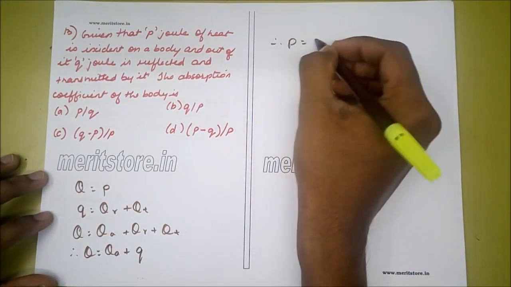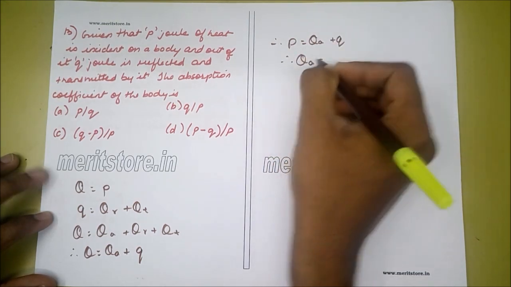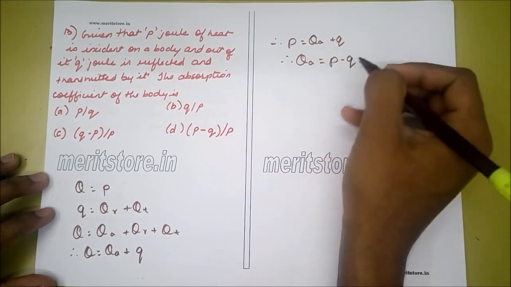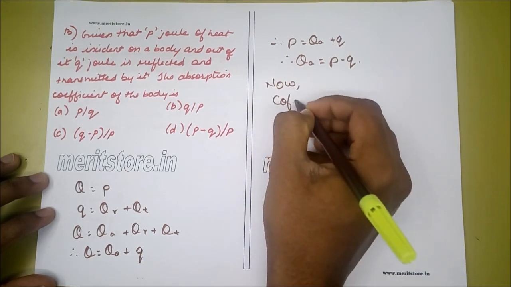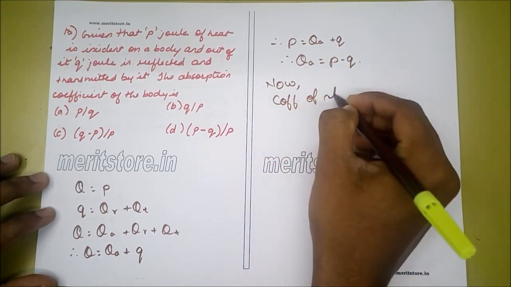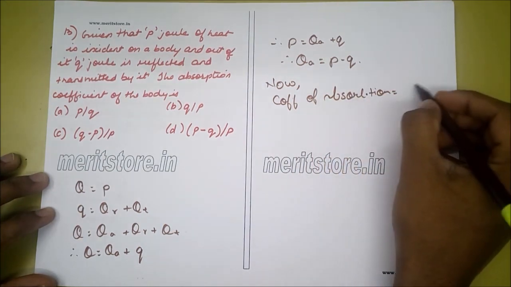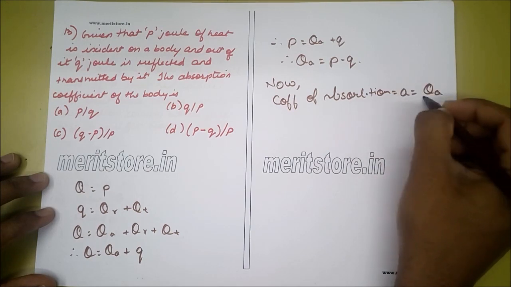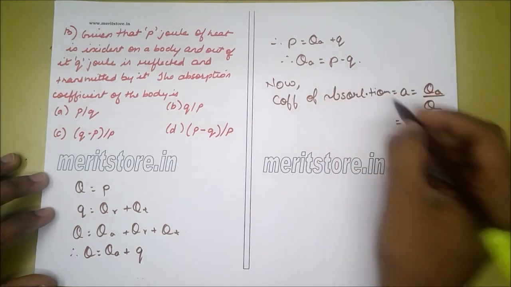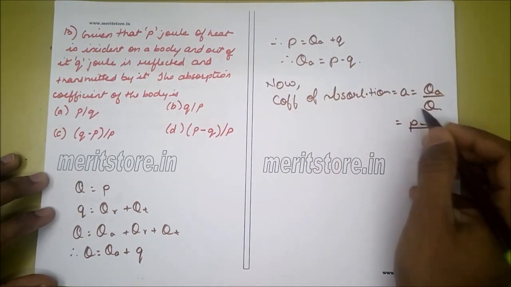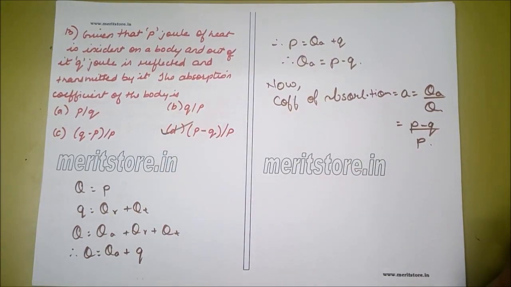So therefore P is equal to QA plus small q, and therefore QA, or amount of heat absorbed, is equal to P minus Q. Now the coefficient of absorption, A, is QA upon total incident heat. So QA can be written as P minus Q, and total incident heat is P. Hence option D, P minus Q upon P, is the correct answer.